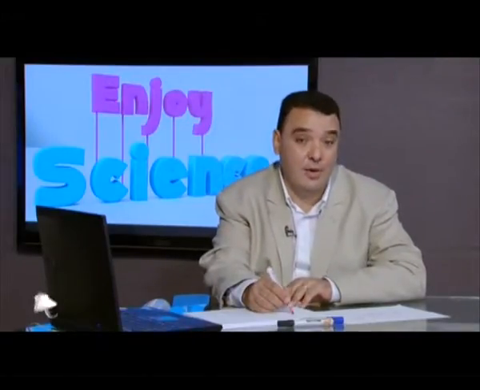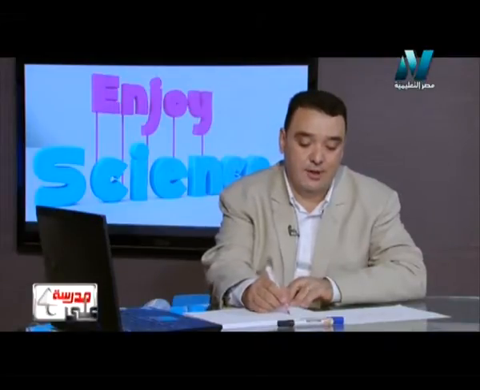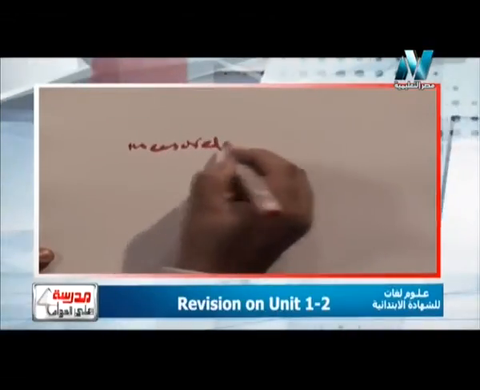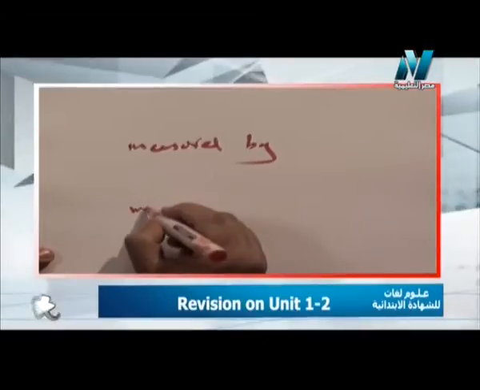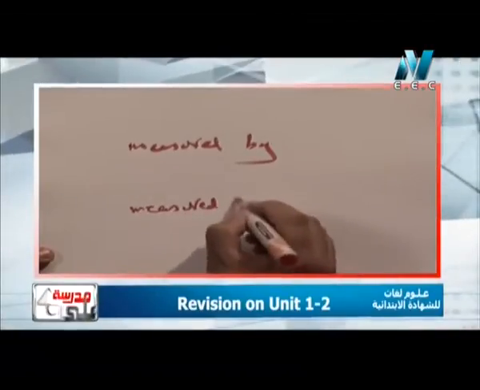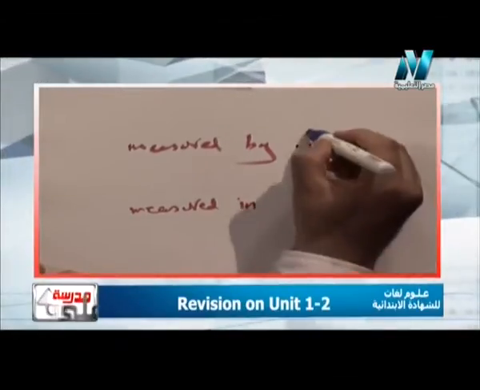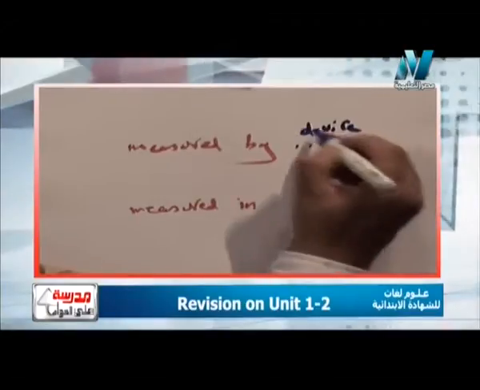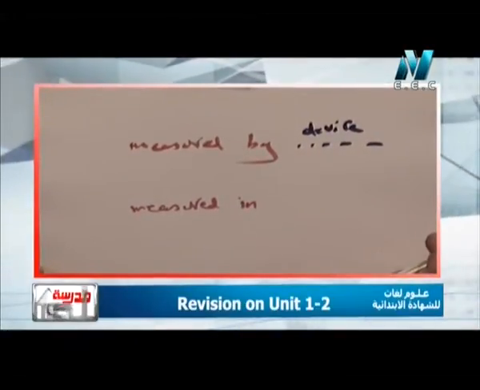Please let me write this note to know this correctly, okay? If I find the question measured by or measured in, what's the difference between them? Measured by, I need the device, such as a spring scale for weight, such as balance scale or two-arm scale or digital scale for mass.